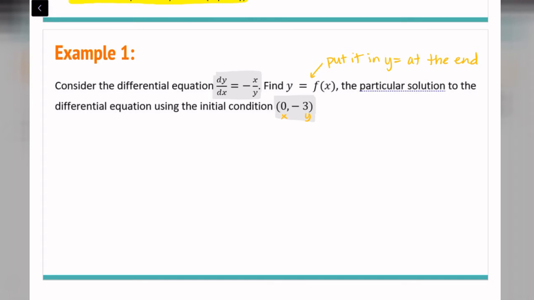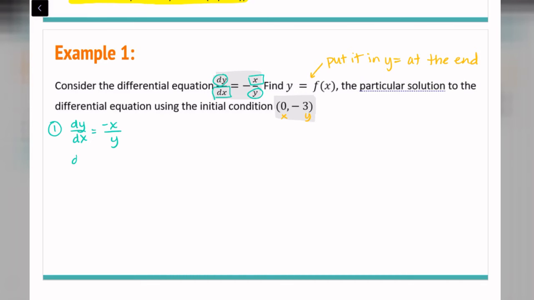So let's follow our steps. Our first step is, I'm going to number them, we want to separate the variables. So I want to get the things that have the y's on the same side and the things that have the x's on the same side. So let's rewrite this. I'm going to put the negative up with the x just so it has somewhere to go. If you put it down with the y, that would work also. So the first thing I'm going to do is multiply both sides by dx.